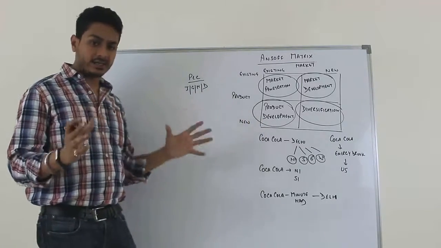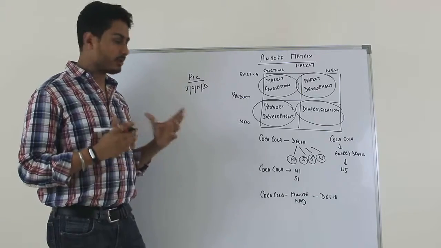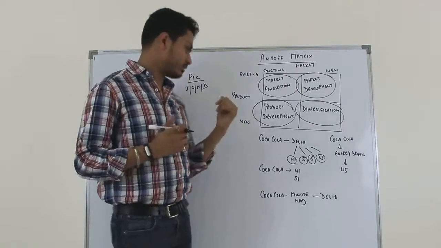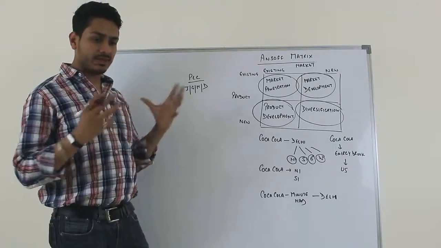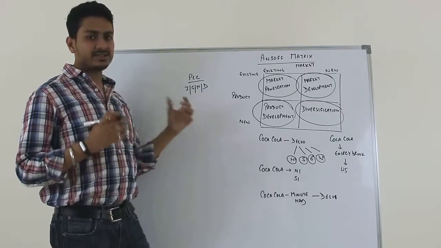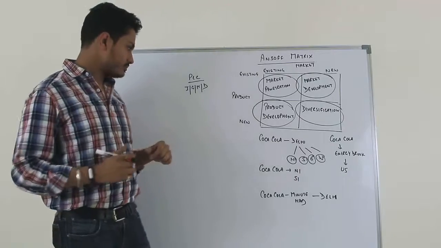Now let's say, hypothetically, that the Scorpio model owned by Mahindra is at a maturity stage in India when it comes to SUVs. The reason I say this is that there are many new entrants and many new models coming in. So it is likely that Scorpio might go into a decline phase at some time in the future.